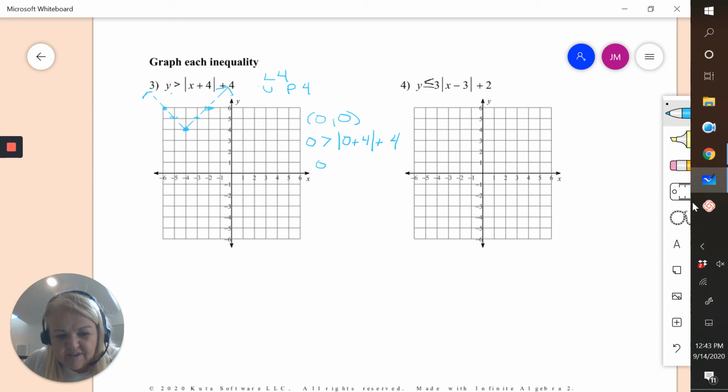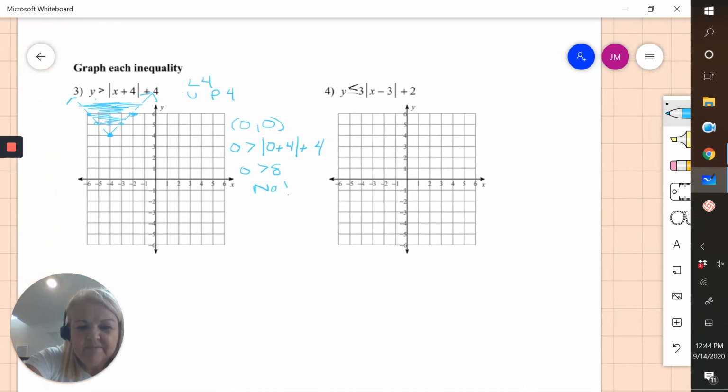Is 0 greater than 8? And that answer is no. 0 is not greater than 8, which means you don't shade. Since 0, 0 is outside of the V, you don't shade outside of the V. You shade all the points inside. And then all the points in there, not including the points on the lines themselves, are solutions to that inequality.